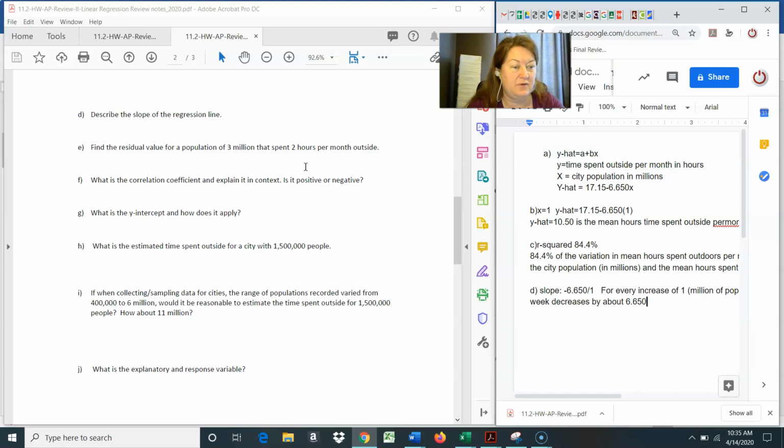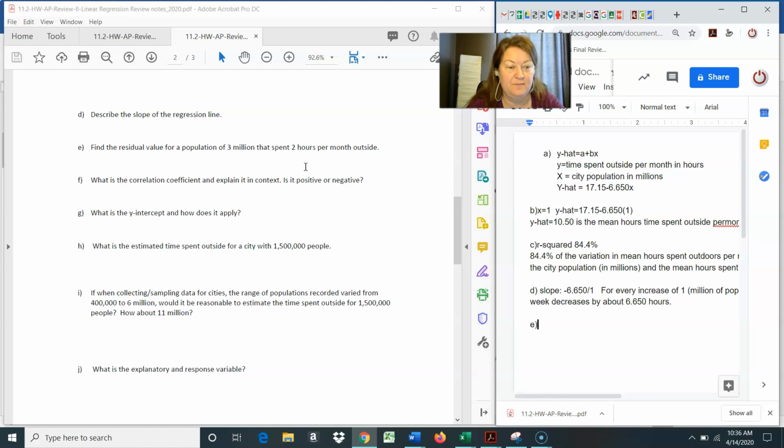So that was hours. So every time the city population goes up by 1 million, we can expect that that city will spend about 6.6 hours per month less outdoors. That is our description. Notice everything is coming back and talking about city population and hours outdoors. Never do you leave those two words off when you're describing things.